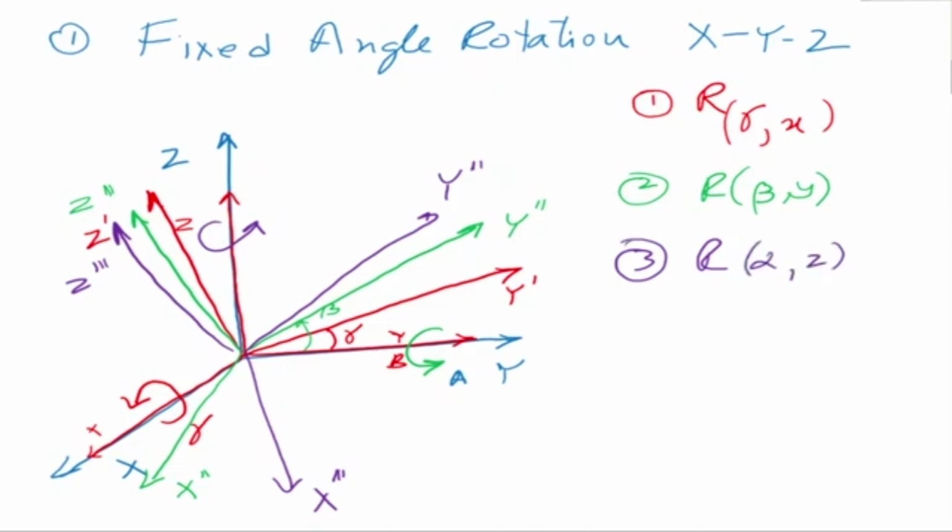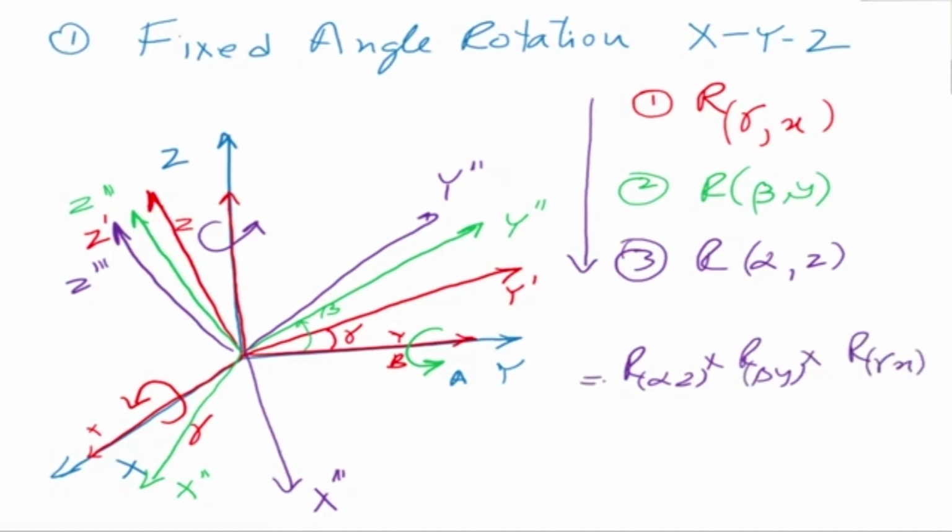Now this is giving us 3 rotations, and the order in which we rotated was like this. But when we are finding the combined rotation matrix, I'm going to multiply in the reverse order, so it will become R alpha z into R beta y into R gamma x.